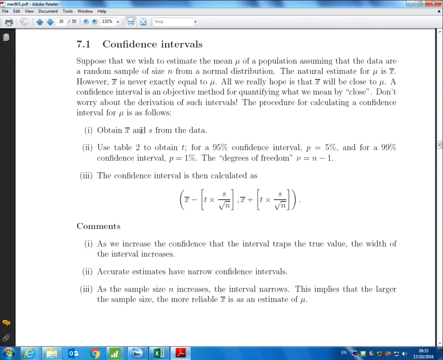So, if it's a confidence interval for the mean, you would need to work out the sample mean, and you would need to work out what else? What do we know S stands for? S stands for the standard deviation, doesn't it?